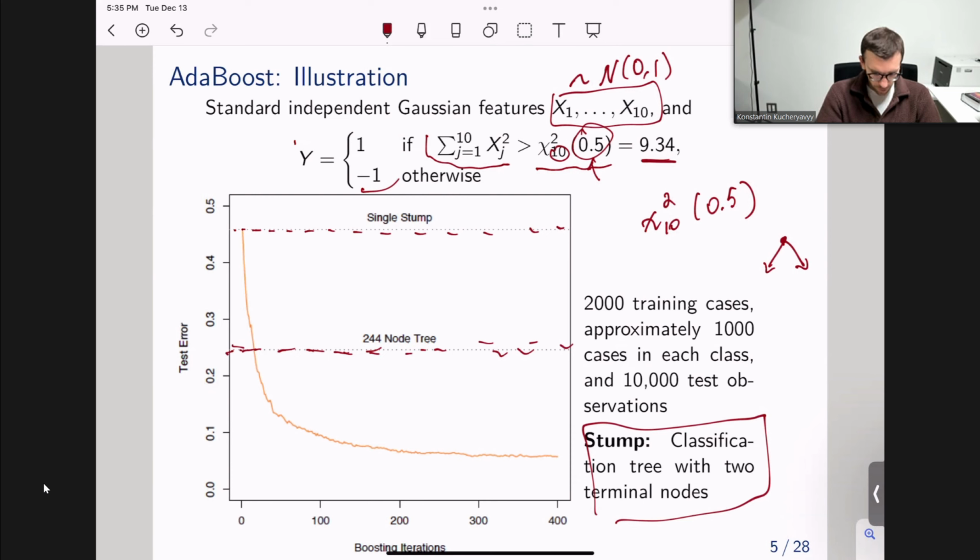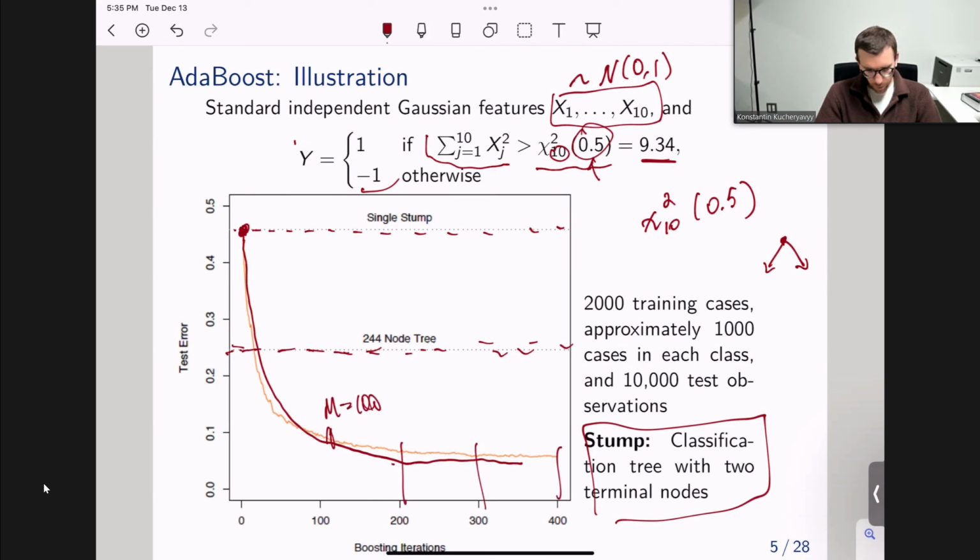If we then do boosting with the single stump, first we get this error because we start with the single stump, but as we do boosting iterations, here M is equal to 100, 200, 300, and 400.